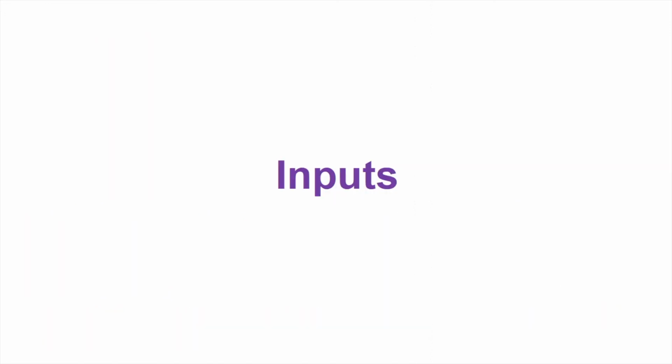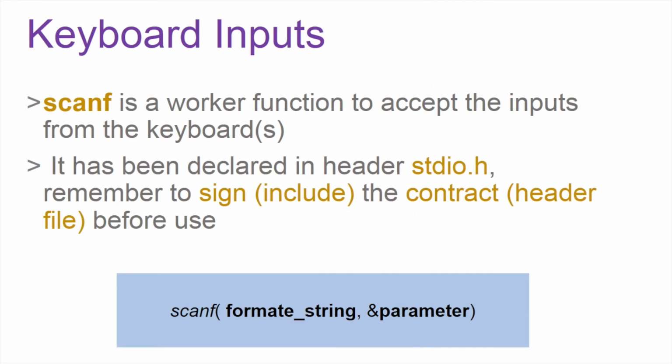Okay, let's talk about the inputs. To input something, you can use this function called scanf. Scanf is another worker function which has also been declared in the stdio.h. So as long as you have signed a contract with that company, you're able to use this scanf worker function.